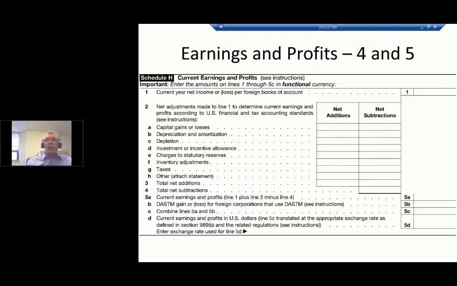The Category 3 is sort of like the Category 4, except it involves somebody who's changing status. So if they're moving into the status of being a U.S. shareholder, they are a Category 3. They're going from a less than 10% holding to a 10% or more holding.